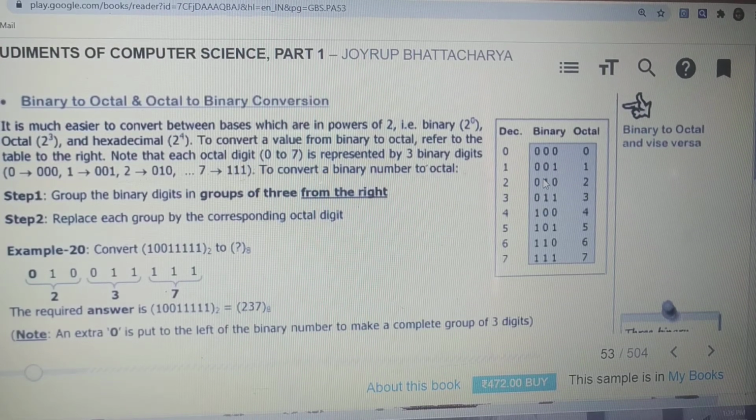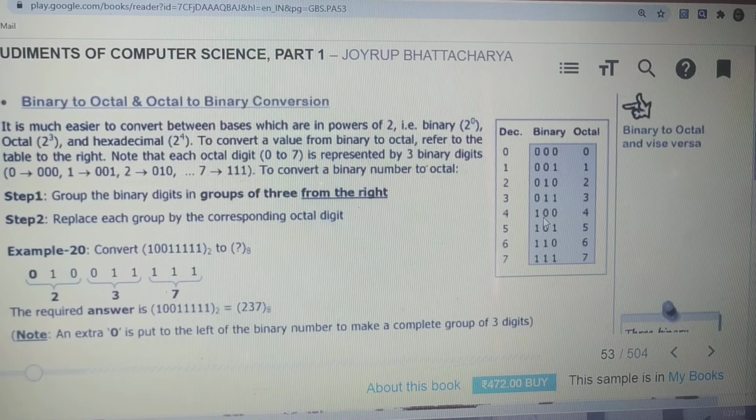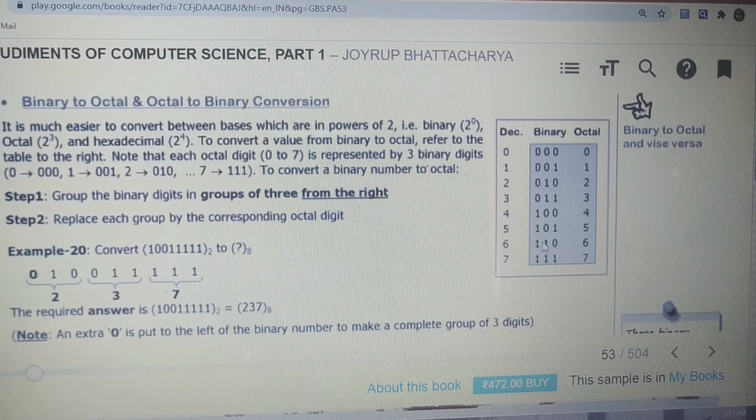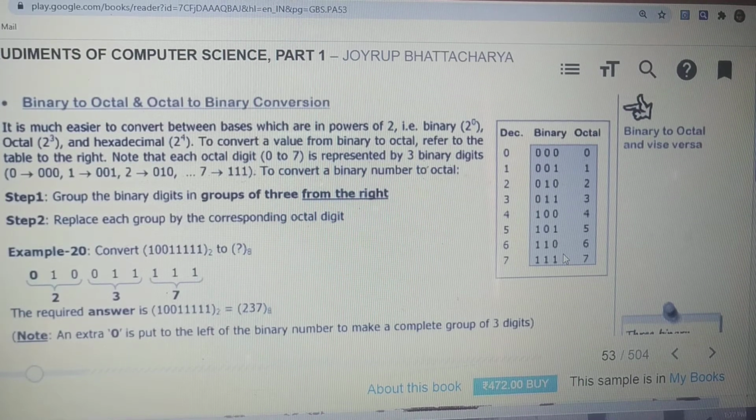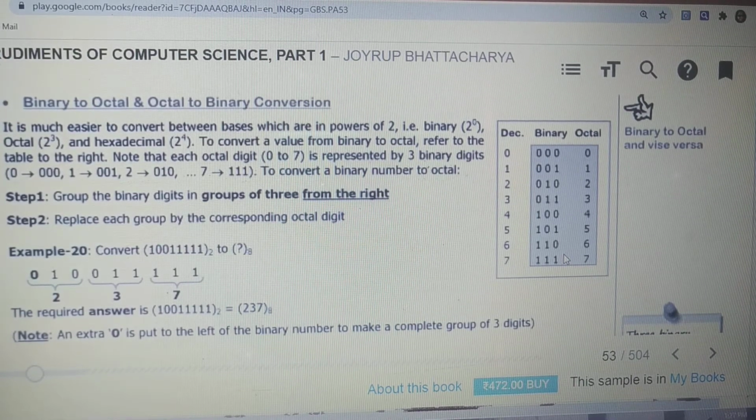Here 2 means 010, 3 means 011, 4 means 100, 5 means 101, 6 means 110, and 7 means 111. So this is how we get these values: octal 0 means 000, octal 1 means 001, in this way.